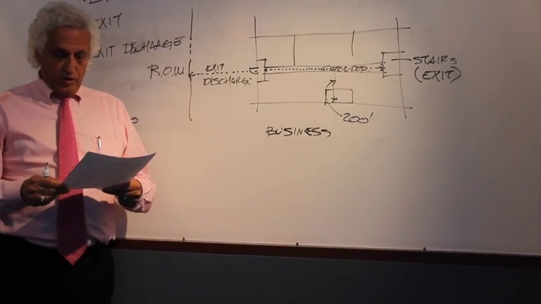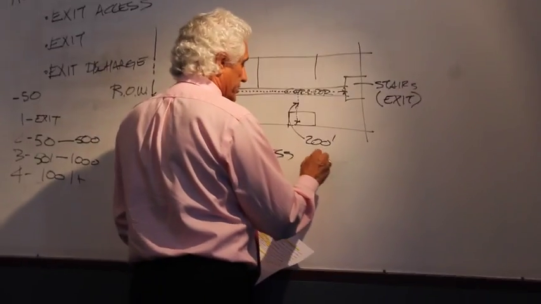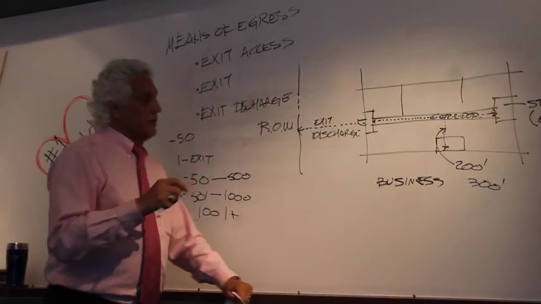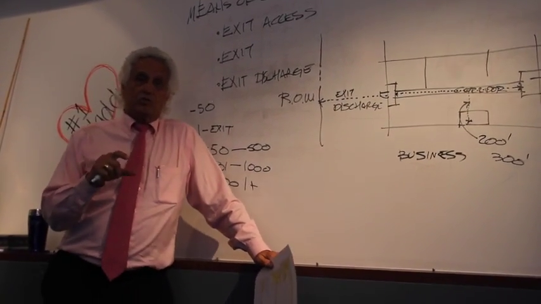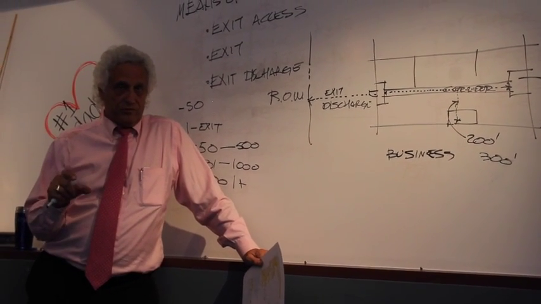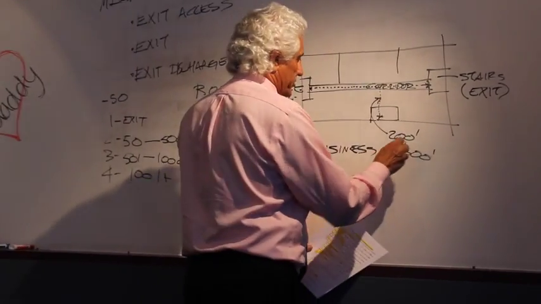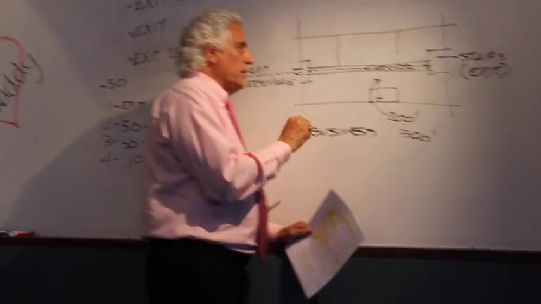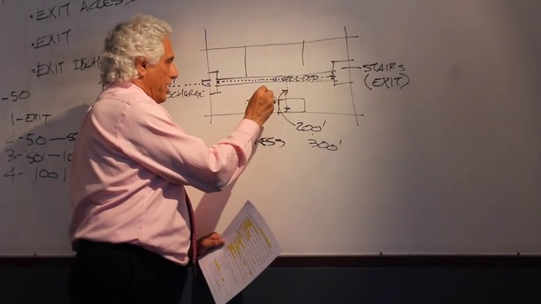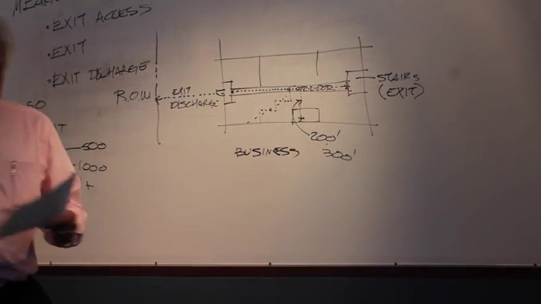If you have a sprinkler system, then that is increased to 300 feet. Again, the sprinkler system is a friend of the code that allows you to make a bigger building because you have protected the occupants and the structure for a longer period of time. So that's just a rule of thumb. Now your exiting, by the way, is measured in perpendicular path of travel, not on a diagonal as it used to be some years ago.